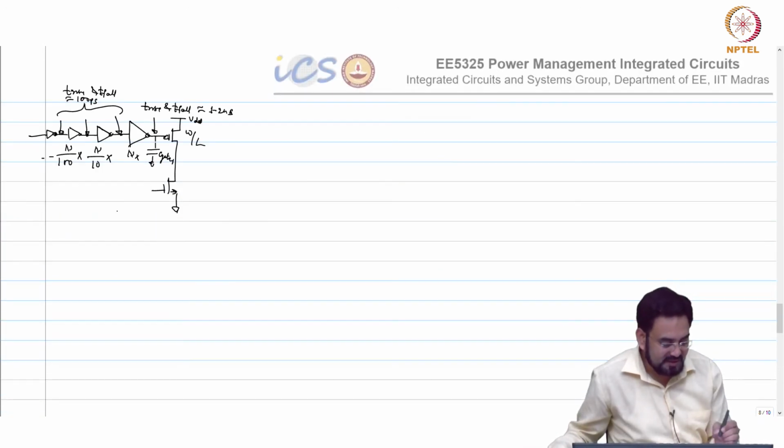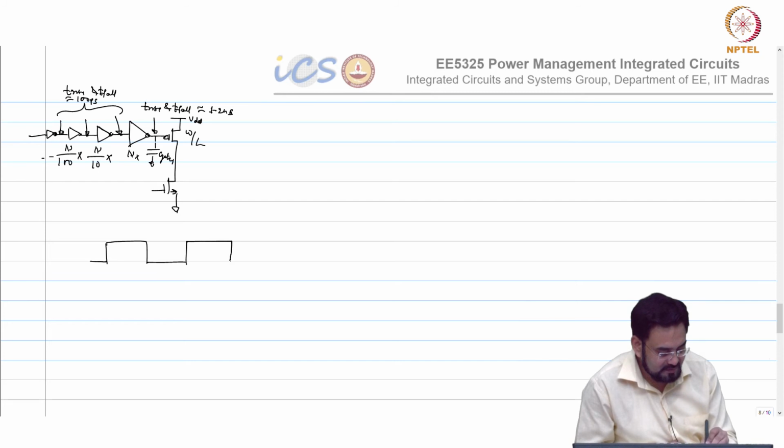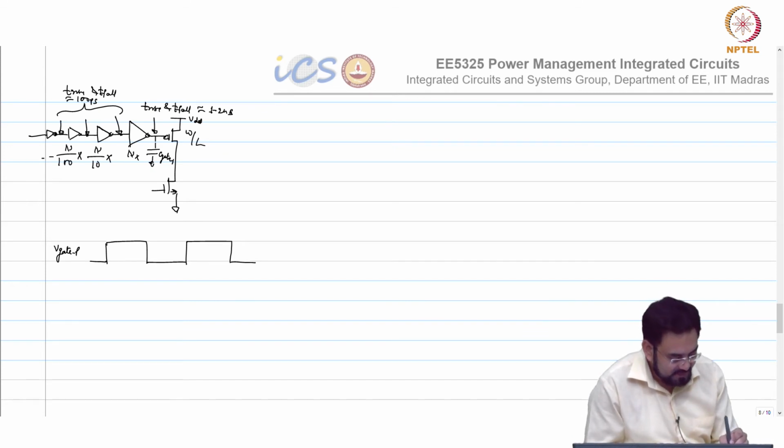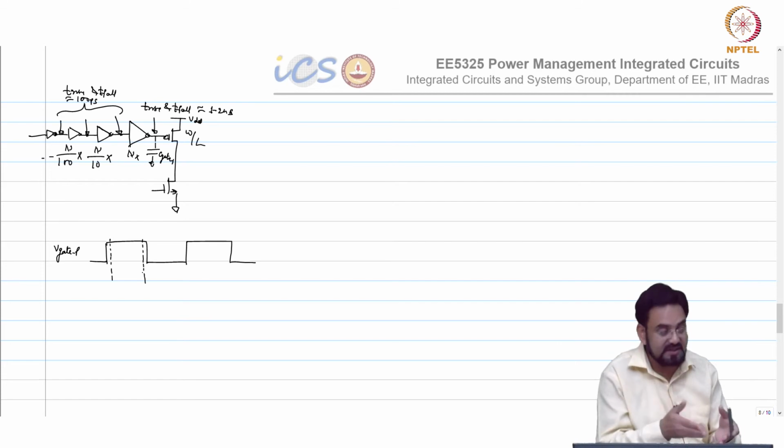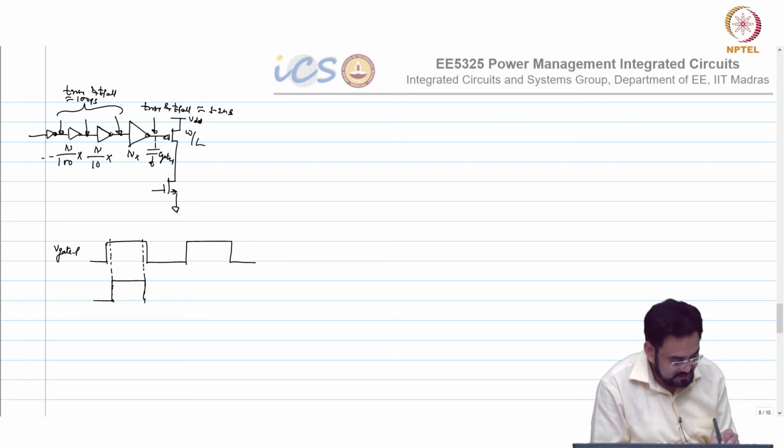If you look at the logic here, this is your V gate P. I am stretching this dead time just to make sure it's visible, but that does not mean you can keep your dead time that high, because it will hamper your efficiency. And this is your V gate.